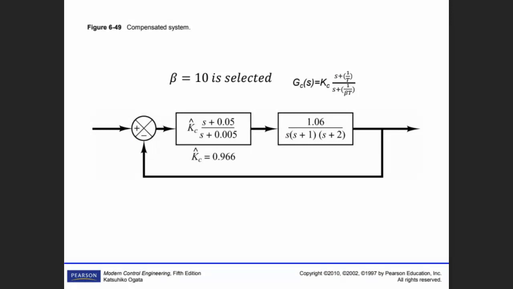One point you shouldn't forget: if you use a lag compensator, you are going to select beta equal 10, and the poles and zeros should be very near to the origin. And the Kc here is obtained as 0.966.